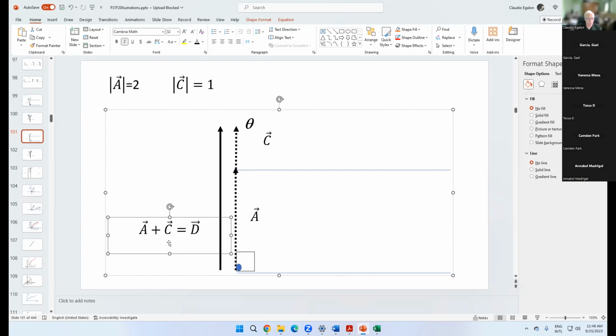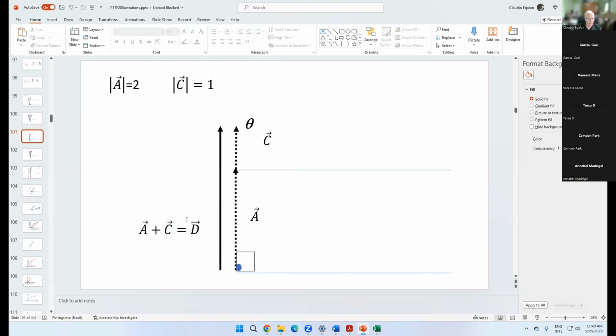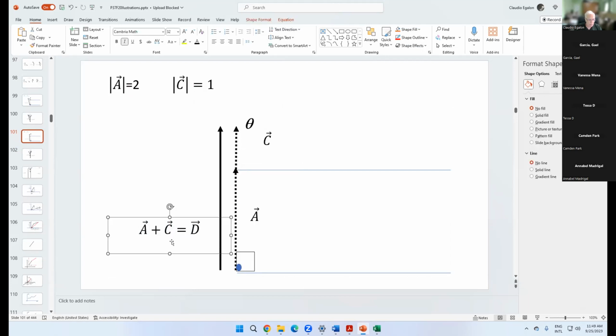Let's write it down. For this special case, the resulting magnitude is supposed to be 3.